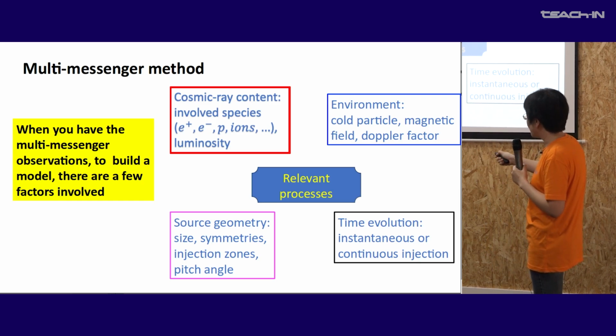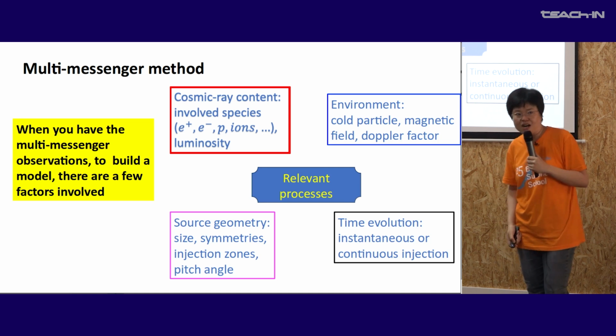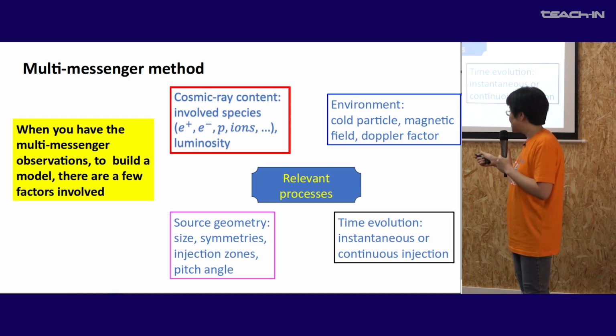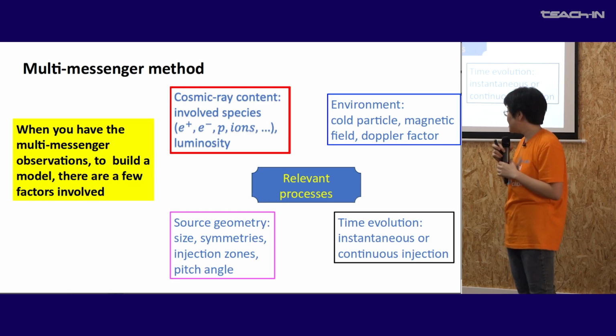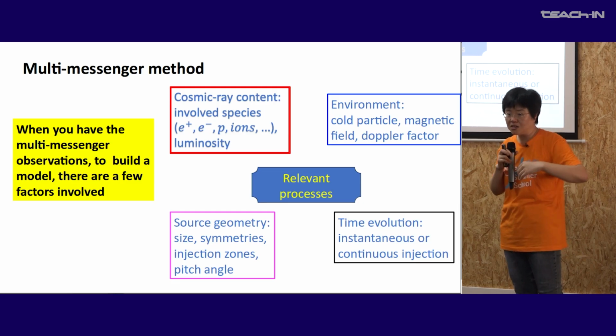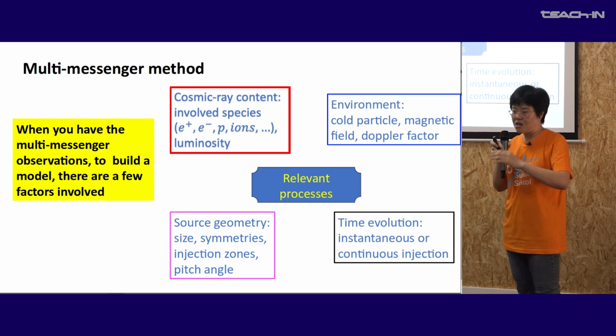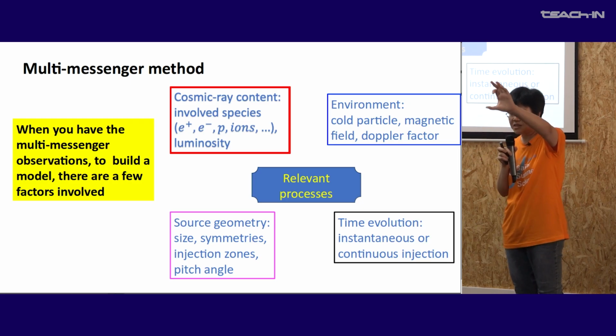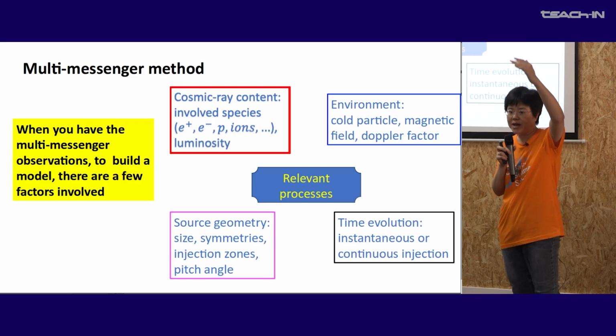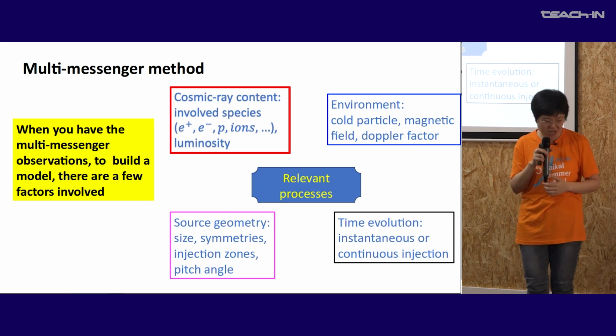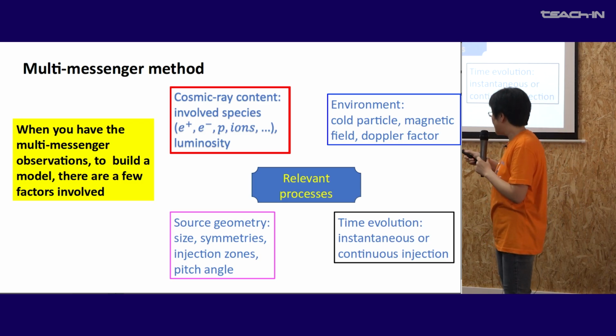And the source geometry is a quite flexible factor, like what's the size of the jet, whether they are symmetric or not, maybe only one-sided, and whether the injection zone is close to the black hole or at a distance from the black hole, where they get accelerated, get maximum energy, and how the magnetic field is distributed.